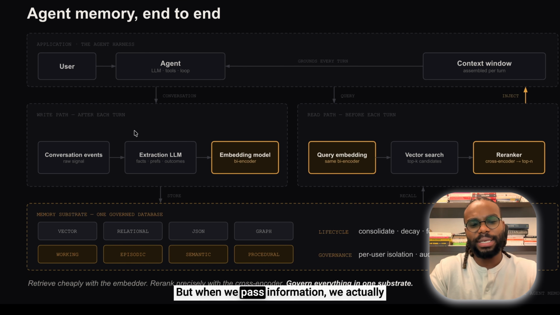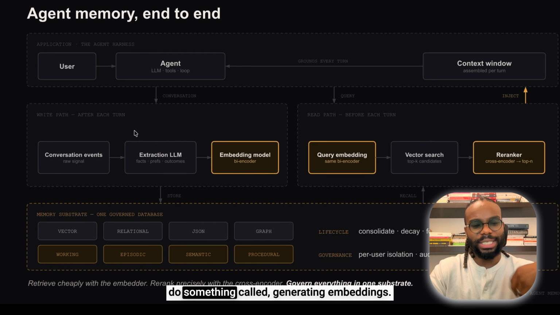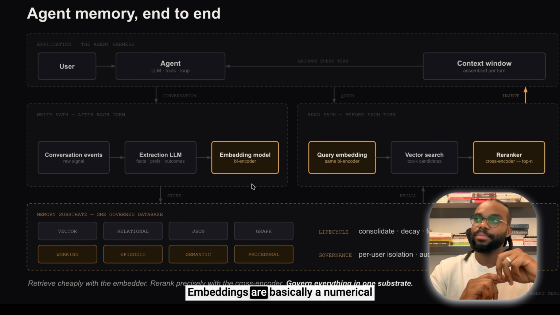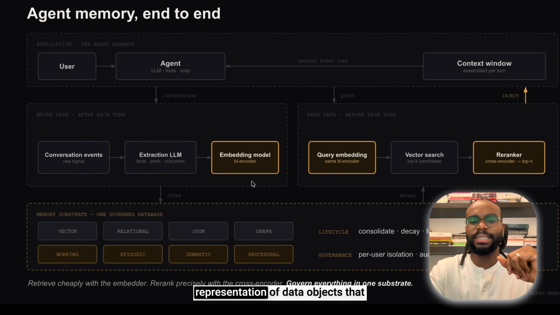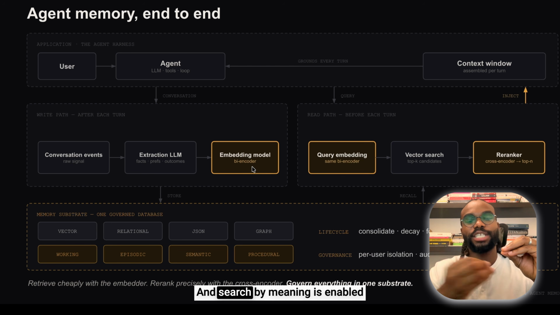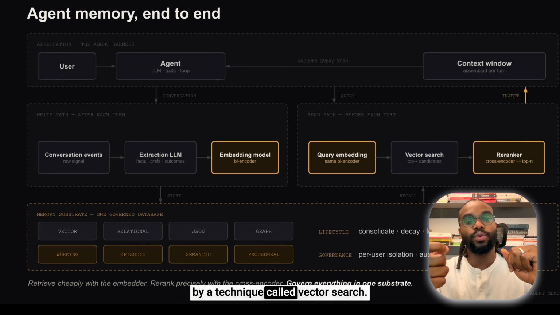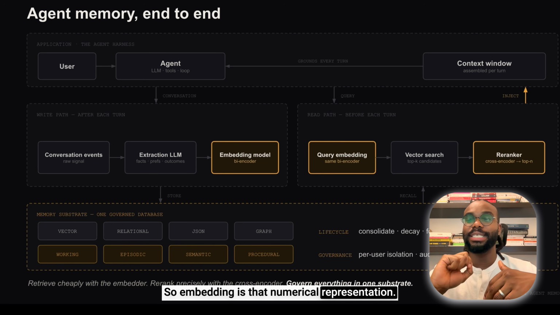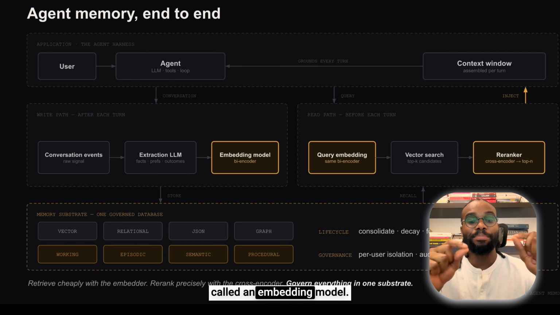But when we pass information, we actually do something called generating embeddings. Embeddings are basically a numerical representation of data objects that allows you to search by meaning. And search by meaning is enabled by a technique called vector search. That numerical representation is generated by something called an embedding model.